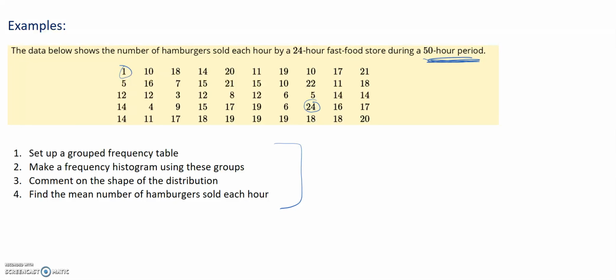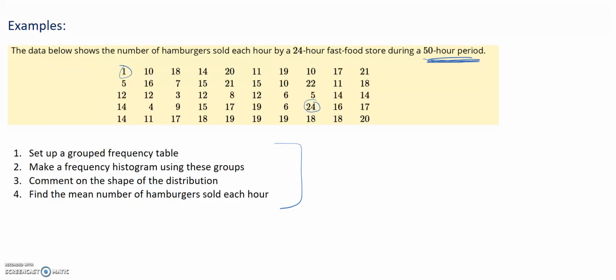So the first thing that we need to notice is what the minimum and maximum are. We can maybe sort them in order as well, but we don't have to. If we notice the minimum and maximum, it'll help us decide what minimum value we should start off with when we do our frequency table.